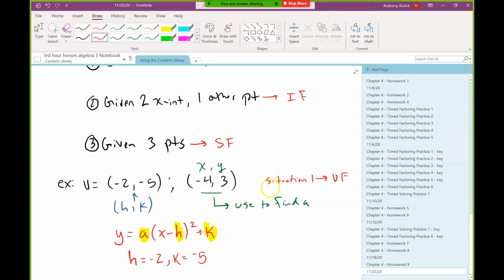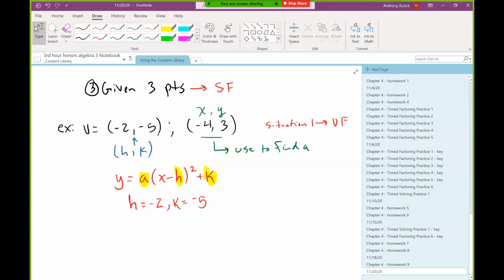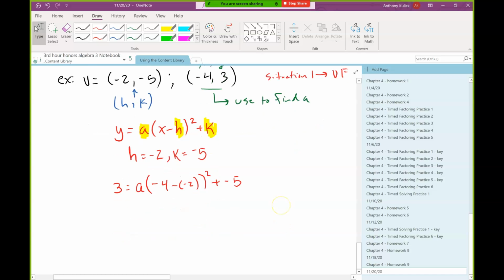So I can plug in my values for h and k, as well as x and y, into my vertex form. So I'm going to plug 3 in for y. A is what we're searching for still. -2 in for h. And -5 in for k. And now I can just solve for a.